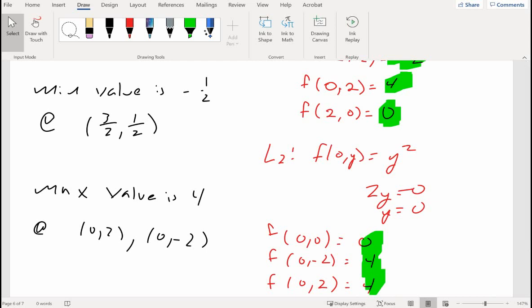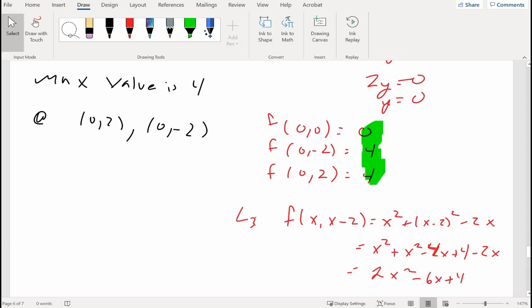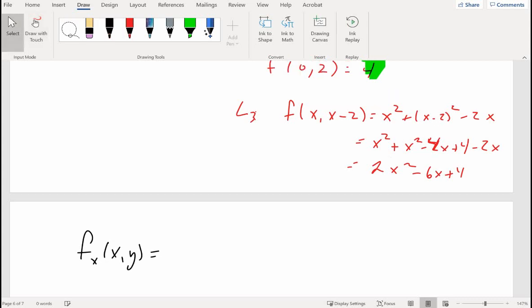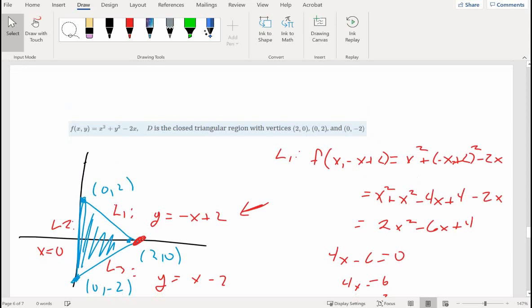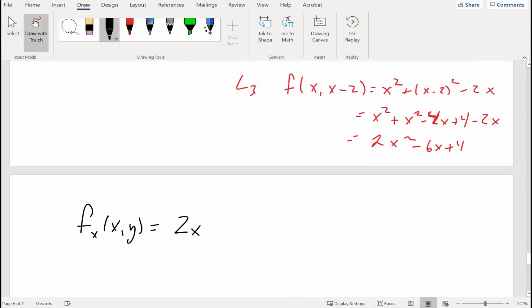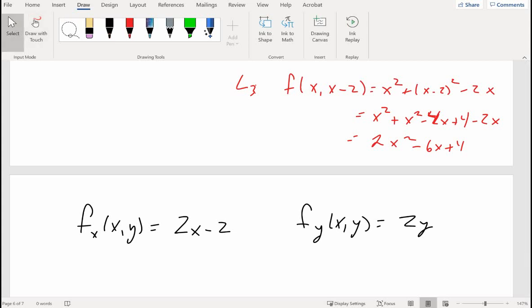Oh, wait a minute. I didn't check the critical point. So I might need to amend that. When I look at the partial with respect to x, it's going to be 2x minus 2. And the partial with respect to y is going to be 2y.